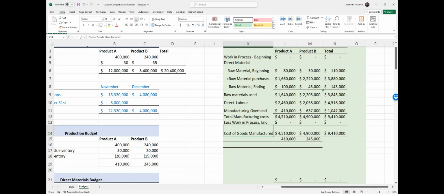Once we have our cost of goods manufactured, we will divide that by the units that were produced. So again, production for product A was 410, for product B, 245. As you can see, that's why I'm taking those numbers. And this will give us our cost per unit.